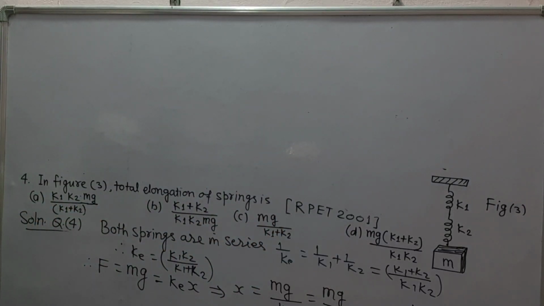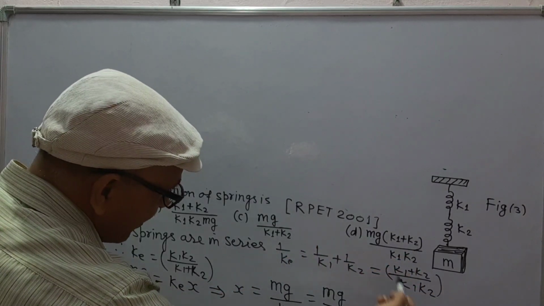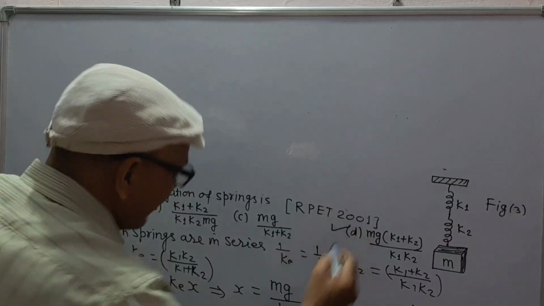So, the correct option will be D, mg K1 plus K2 upon K1 K2.